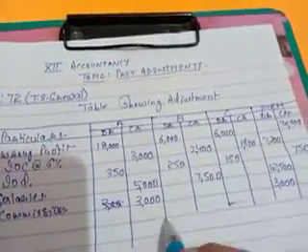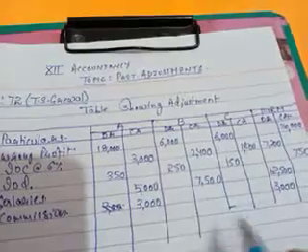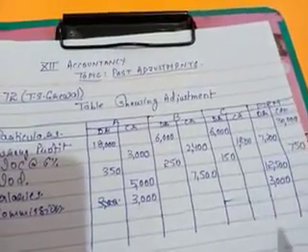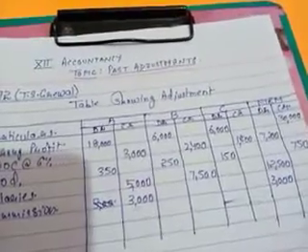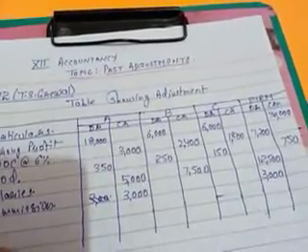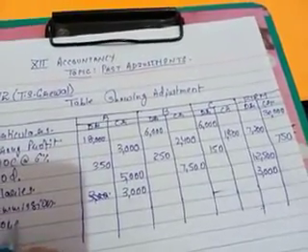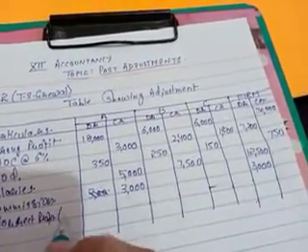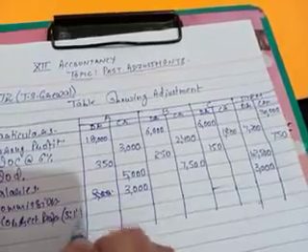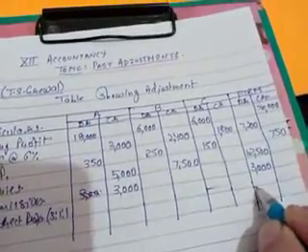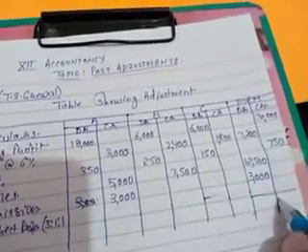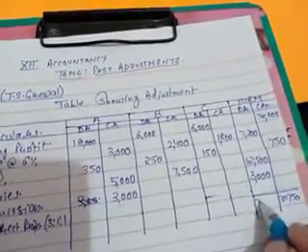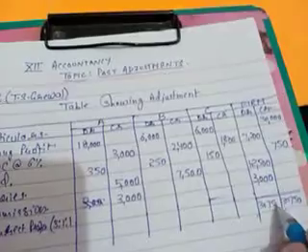So we will balance the firm's account to find out the net profit, the correct profit. That will be divided amongst the partners in 3:1:1. So let's balance the firm's account. It's 30,750 on both sides.